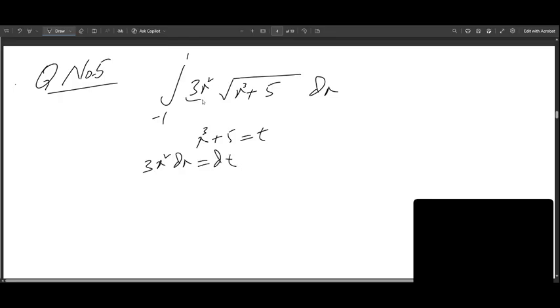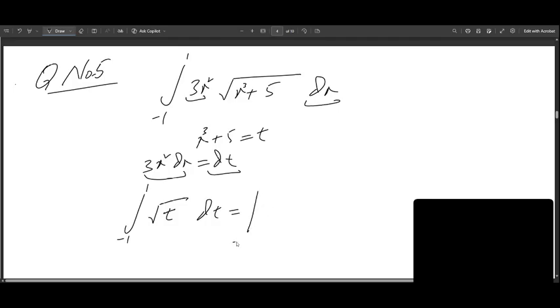So you can see here, this part and dx can be replaced with dt, and this is negative 1 to 1, and then it will be square root of t dt, and we will apply the integral here.